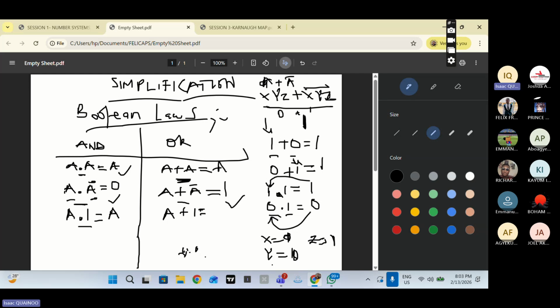If you decide to say let x, y, z equal A, you arrive at A plus A bar, which is still 1 at the end of the day. Thank you for drawing attention to that.